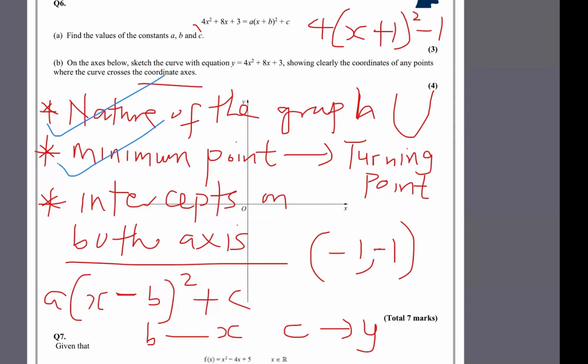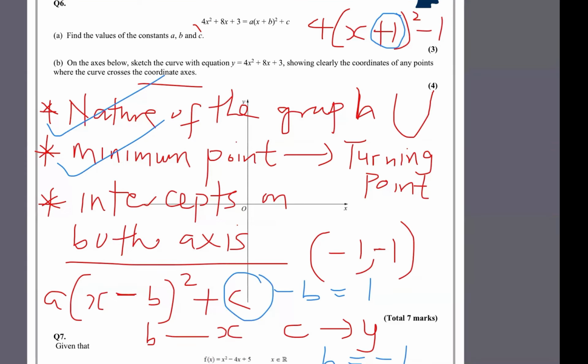Why did we say minus 1? Because over here, if you have a plus 1, then it's minus 1. Because if your b is plus 1, then the x coordinate has to be minus 1. Then for the y coordinate, it's whatever we have as our c that we pick as the y coordinate.